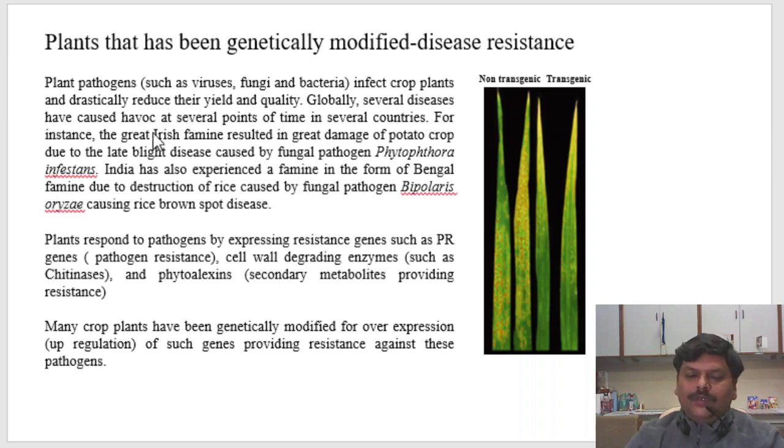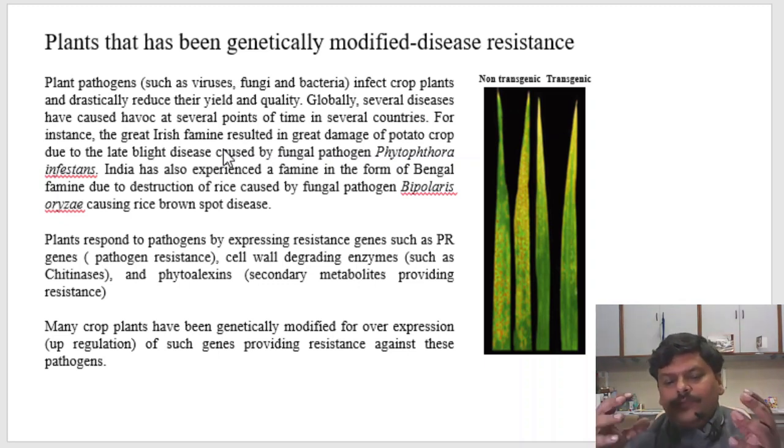Plants are being genetically transformed by identifying resistance genes, popularly called R genes, which protect plants from certain diseases. I'm sure by now you know some popular plant diseases such as late blight of potato, rusts of wheat, smuts of wheat, and bacterial disease of rice. So most of the time we have two types of plants in a particular crop.